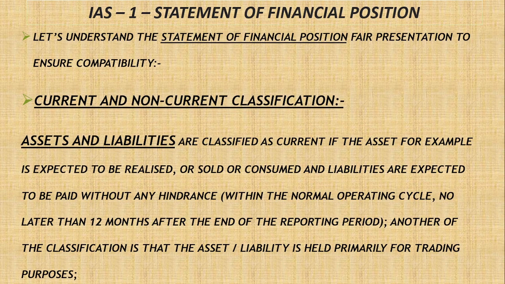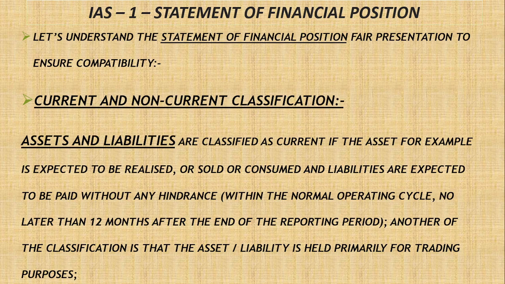Statement of financial position. Let's understand the statement of financial position fair presentation to ensure compatibility. Current and non-current classification. This is the main classification of the statement of financial position fair presentation.